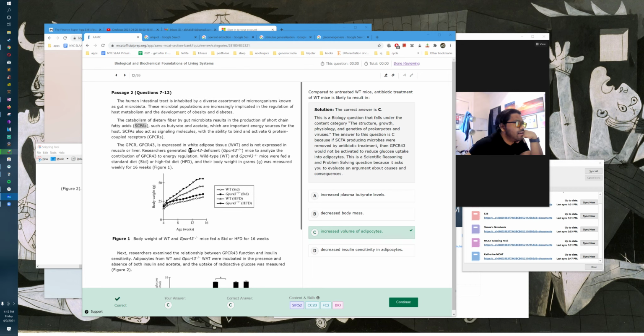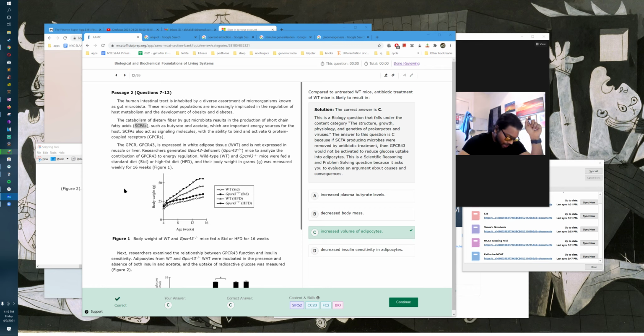Oh wait, GPCR 43 is not in the muscle or liver. Analyze contribution to energy regulation.